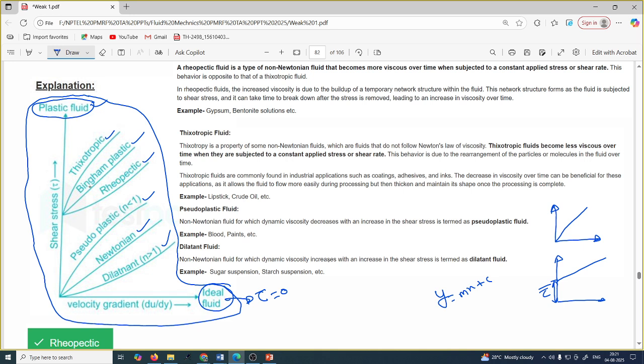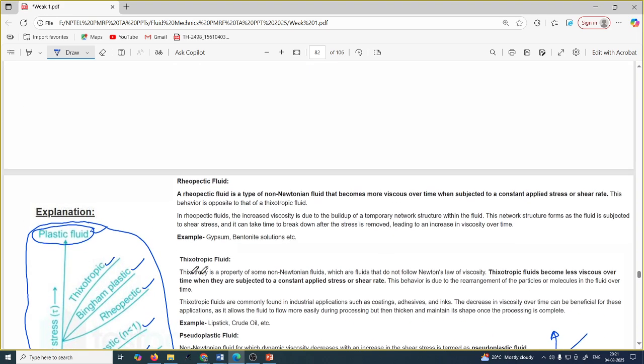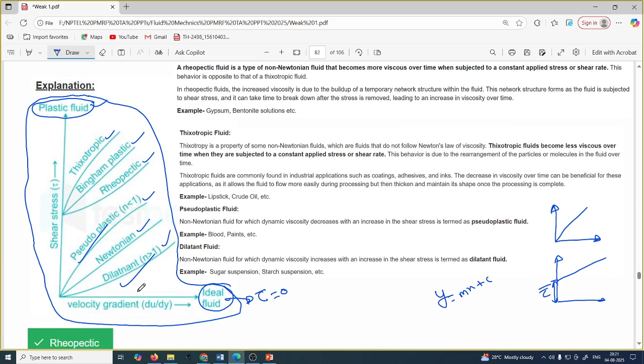Just above Newtonian are pseudoplastic and dilatant. The graph is plotted with a concept, but I am trying to simplify it for remembering. Near Bingham plastic, the one above is thixotropic and the other one is rheopectic.